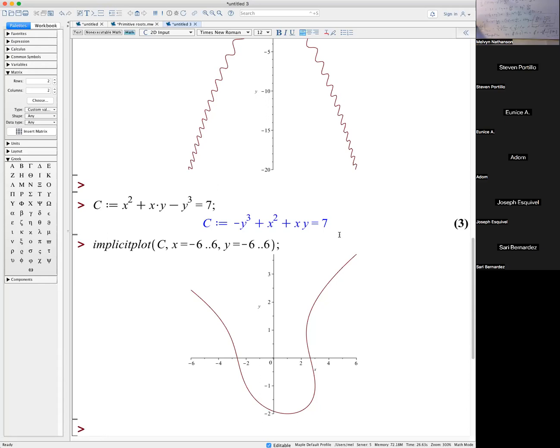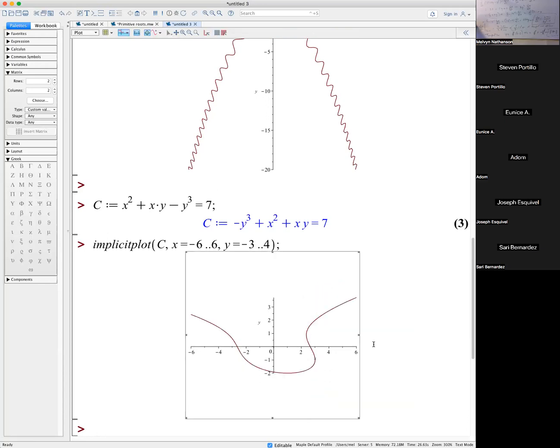So that's what my curve looks like from -6 to 6. If I want it drawn to scale, I can right click and go to scale and constrain. So that's really what this curve looks like.